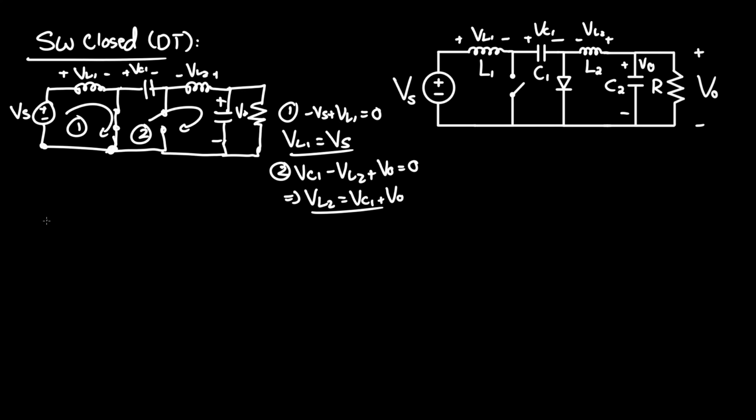Now let's draw the schematic for which the switch is open. 1 minus d times t.